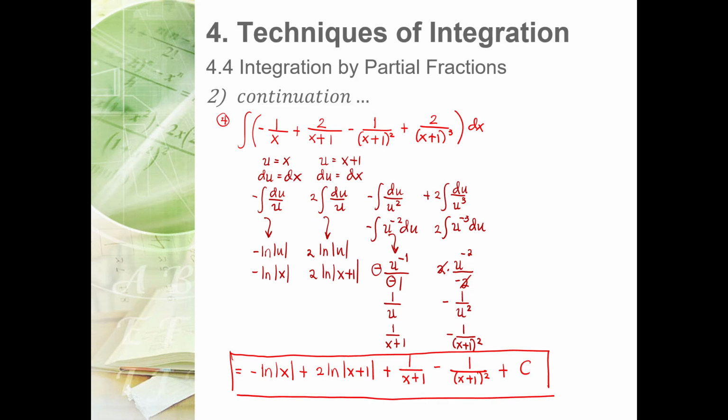Okay, so that's the final answer for number 2. So notice that it only gets longer if you're going to have to solve more unknowns in your partial fraction.